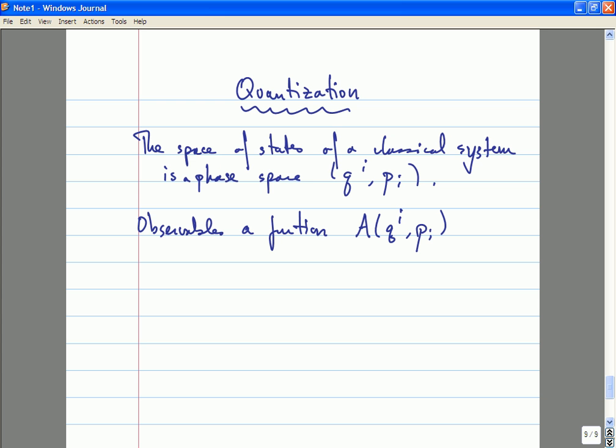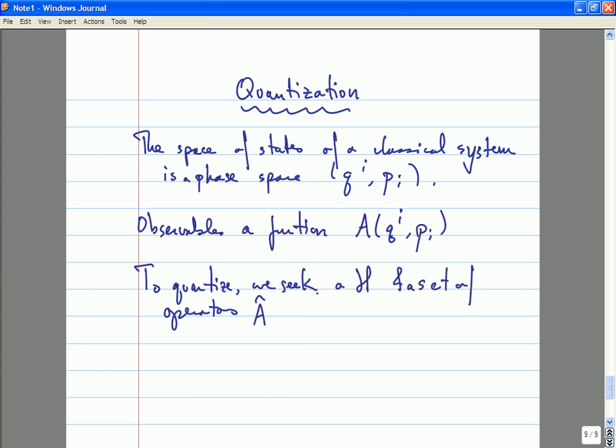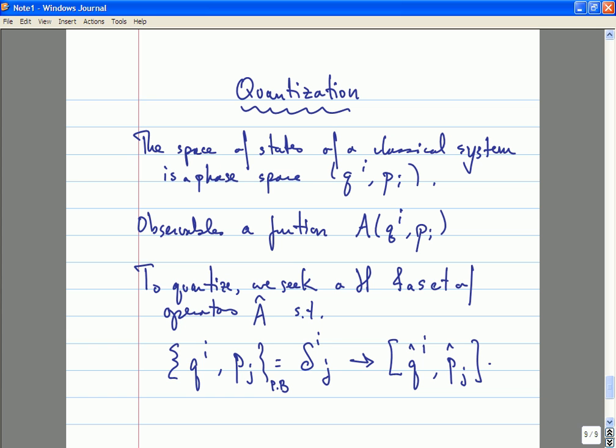To quantize this system, we seek a Hilbert space and a set of operators, let's call them A hat, such that the Poisson bracket between these classical variables is transformed into the commutator of the quantum mechanical operators times a factor of i h bar.